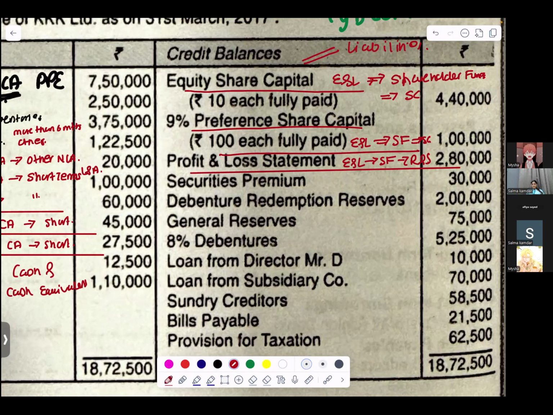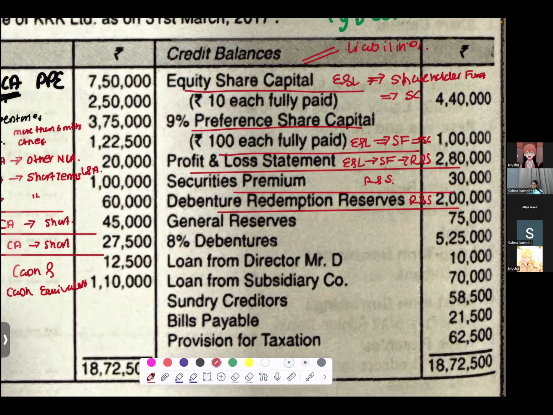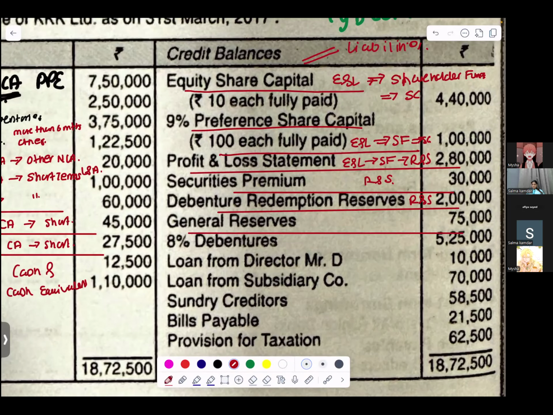Securities premium, reserves and surplus, you will always say equity and liability, shareholders funds, reserves and surplus. Debenture redemption reserve, equity and liability, shareholders funds, reserves and surplus. General reserves, equity and liability, shareholders funds, reserves and surplus.